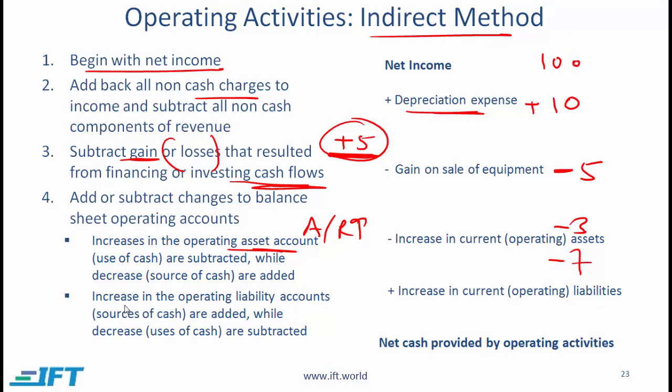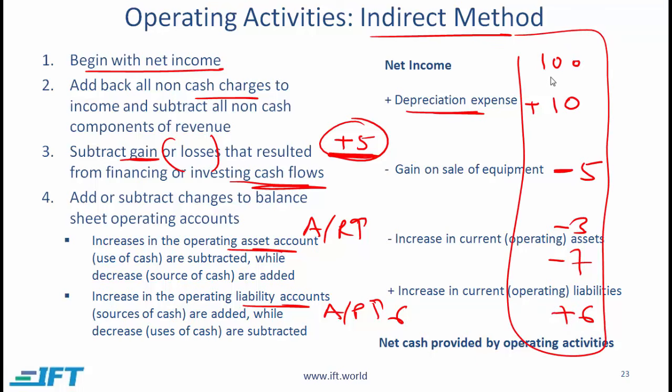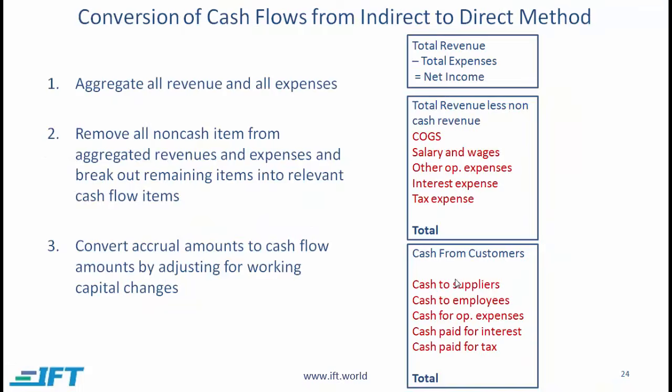Then we deal with increases in operating liability accounts. So if accounts payable is going up by 6, we would add 6 over here. Once you put all this together, you then have a reconciliation between net income and the cash flow from operations.